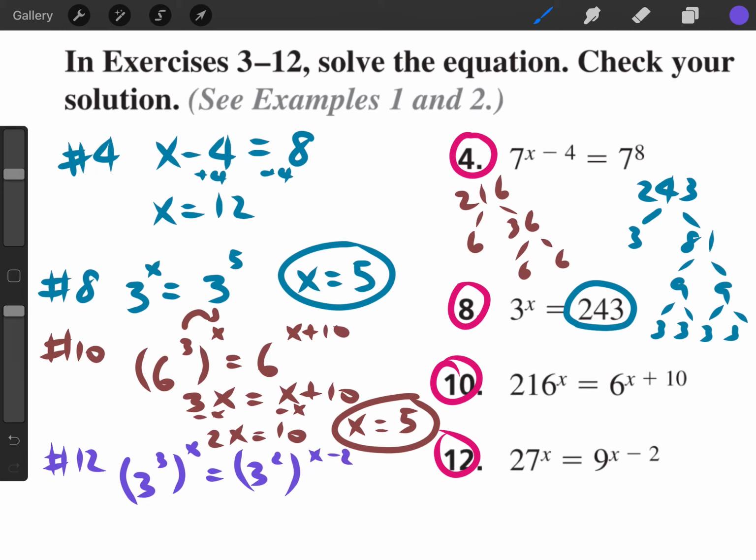Now you're just going to multiply, because right now I have the same base, so you can just multiply the exponents. So it's 3x equals 2 times x, that will be 2x, 2 times negative 2, that will be negative 4. Okay, so subtract 2x on both sides. This is a 2, my bad. So you have x equals negative 4.